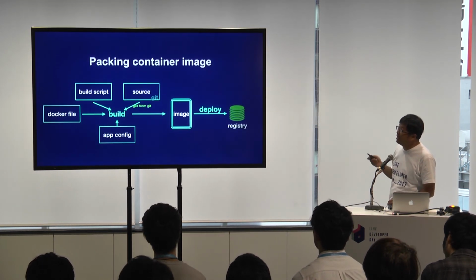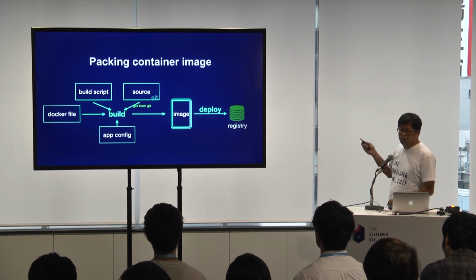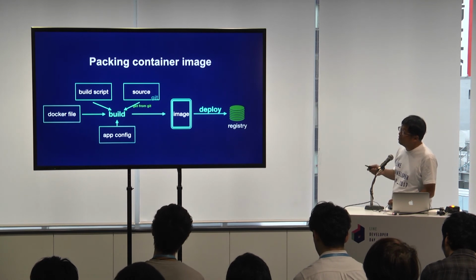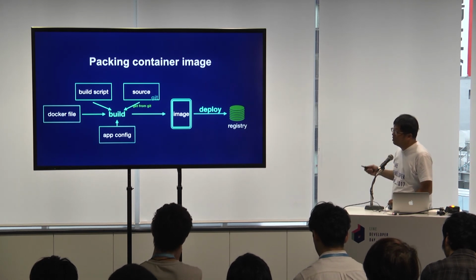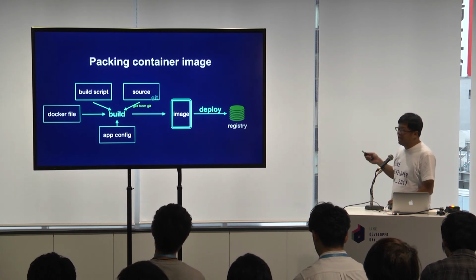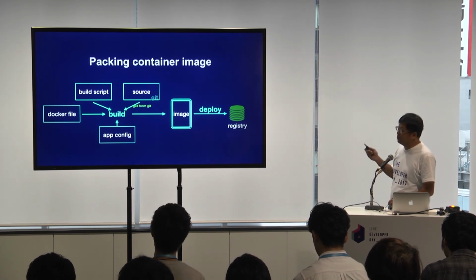This is how I pack my container image to deploy for others. We have the Dockerfile, build script, source code, and application configuration, and build them into images and deploy them to the registry. Others simply pull down the images and run them on their local computers.